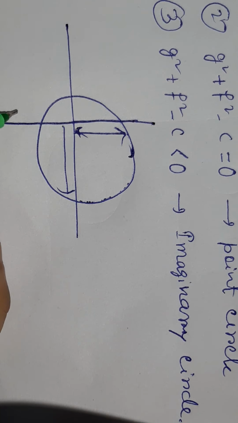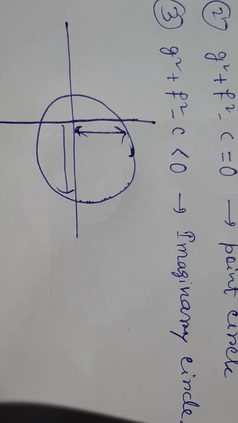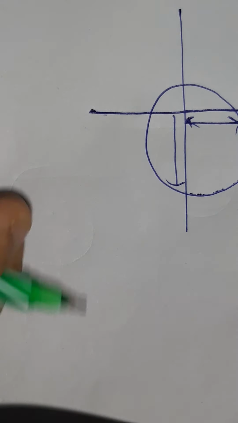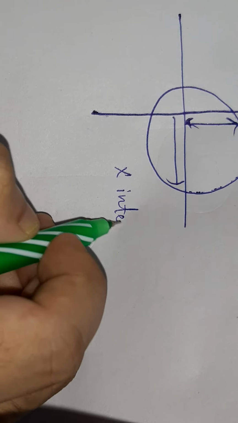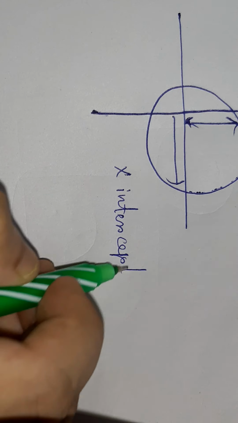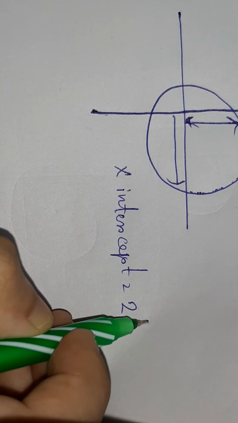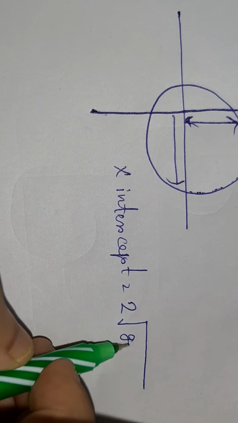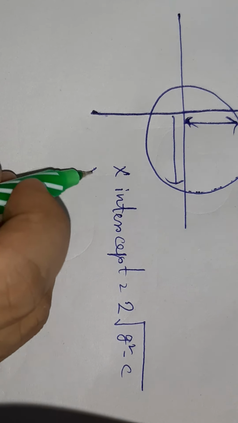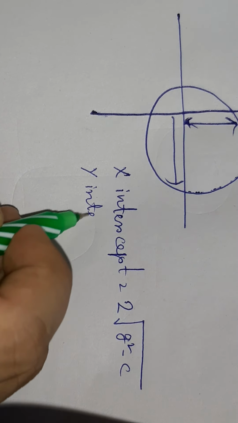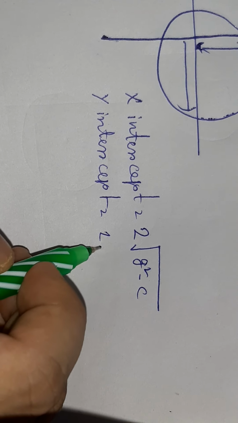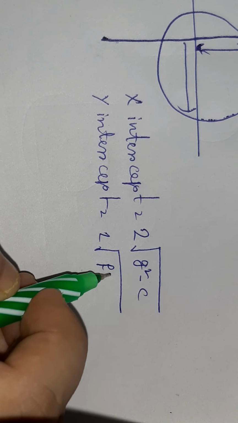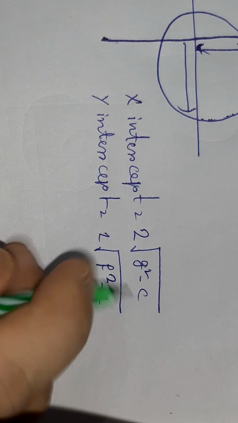So the x intercept of the circle is equal to 2 into root of g square minus c, and the y intercept is equal to 2 into root of f square minus c.